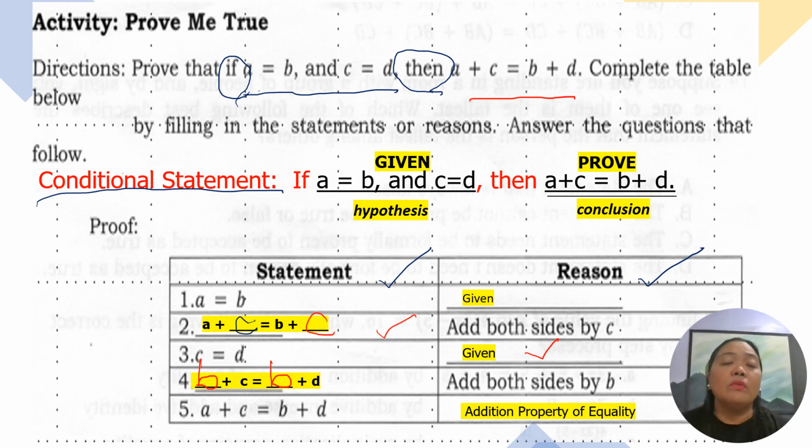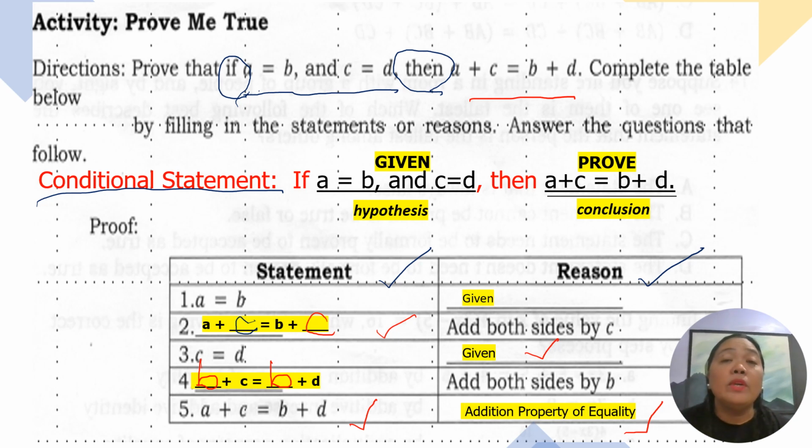So for number 5, we are already in the conclusion part. Therefore, we can conclude now that A plus C is equal to B plus D. For what reason? The valid reason is that we used the addition property of equality. As you can see, everyone, our valid reason used the properties of equality.